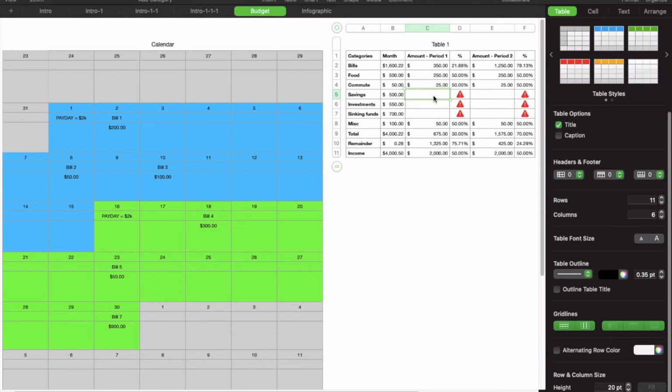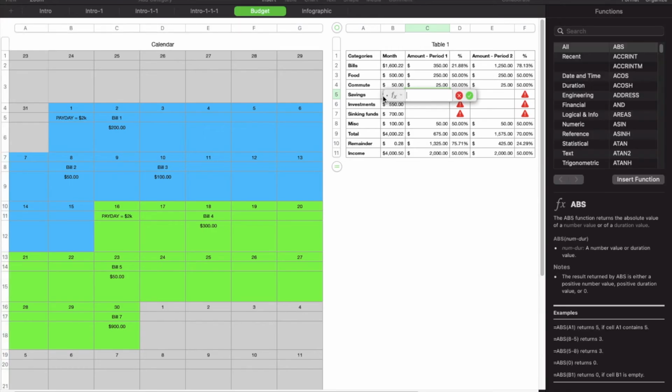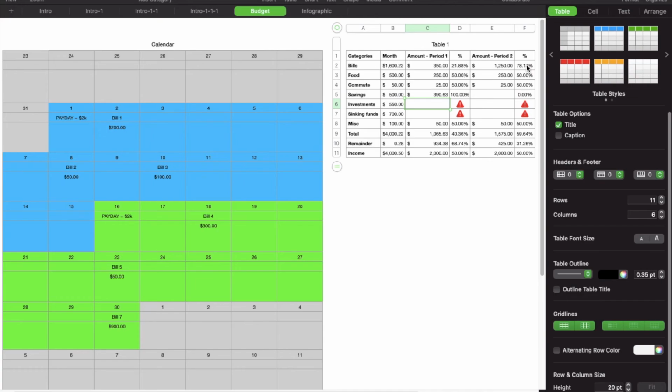And the way we're going to do that is we are going to say this equals this times this. So because we're funding 78% of our bills in period 2, we're going to fund 78% of our variable costs in period 1.